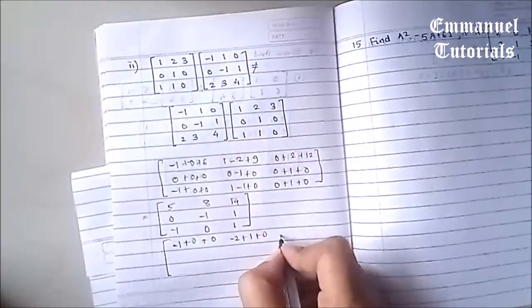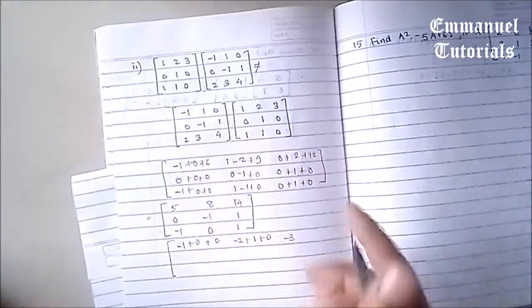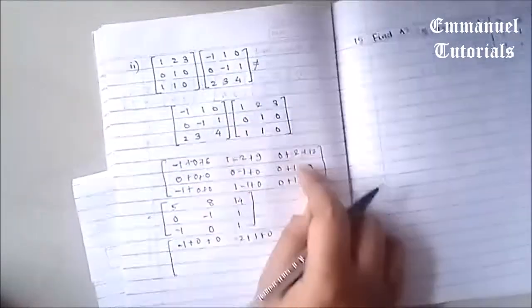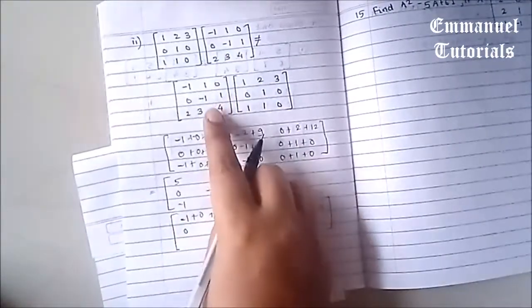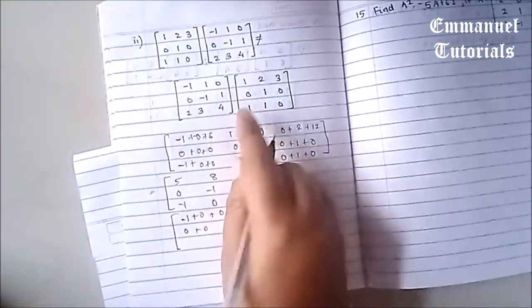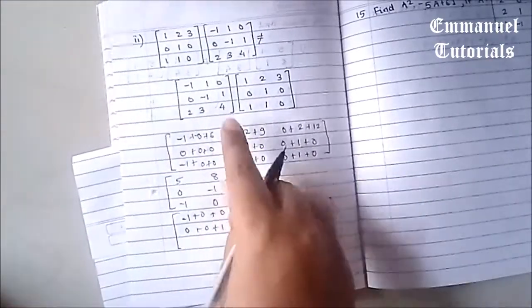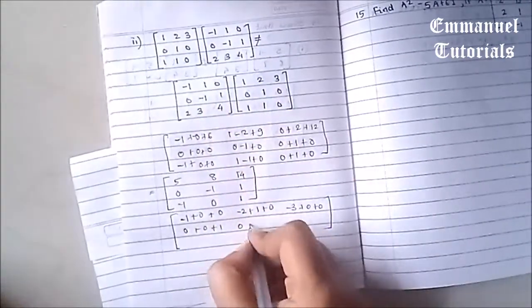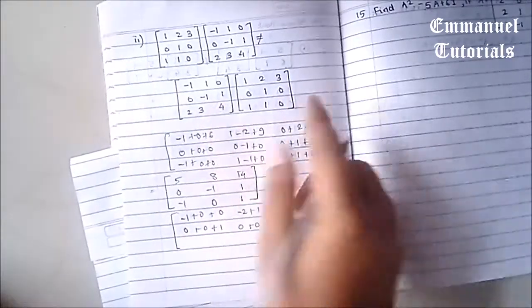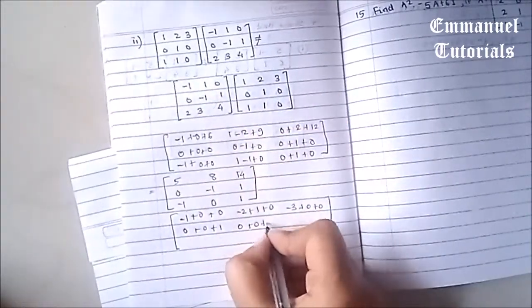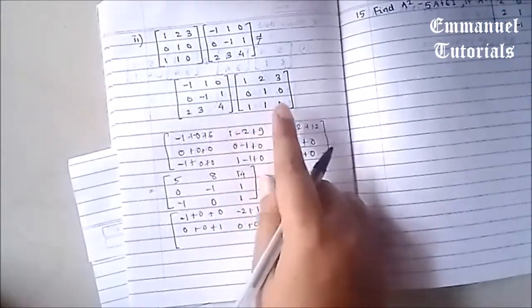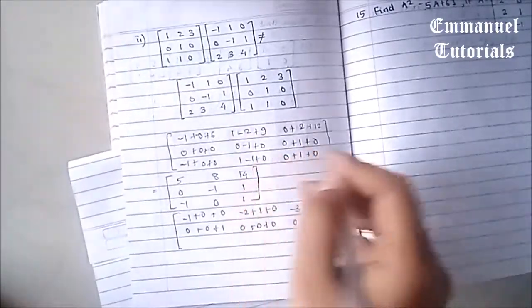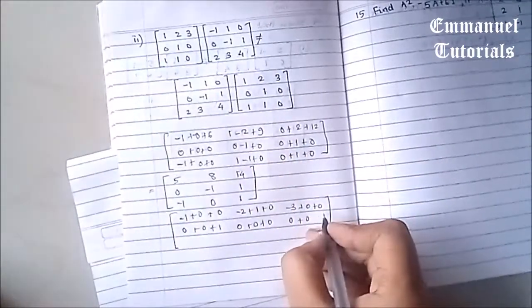Minus 1 into 3 is minus 3, 1 into 0 is 0, 0 into 0 is 0. 0 into 1 is 0, minus 1 into 0 is 0, 1 into 1 is 1. 0 into 3 is 0, 0 into 0 is 0, sorry, minus 1 into 0 is 0, plus 1 into 0 is 0. 0 into 3 is 0, plus minus 1 into 0 is 0, plus 1 into 0 is 0.